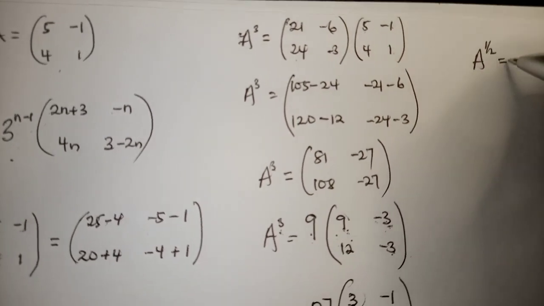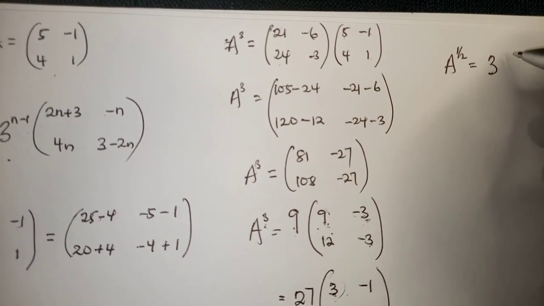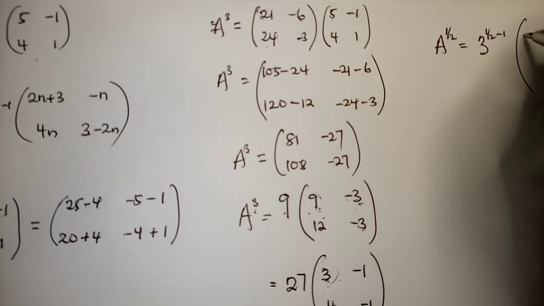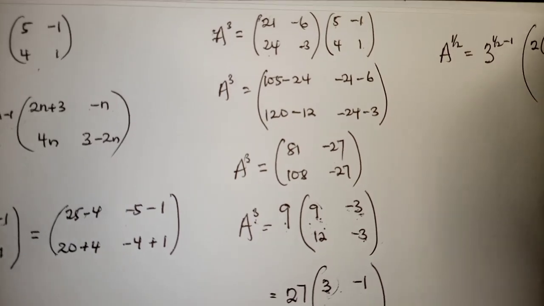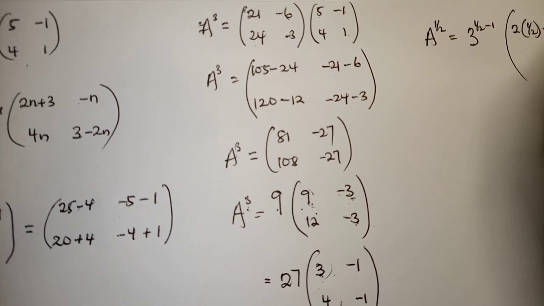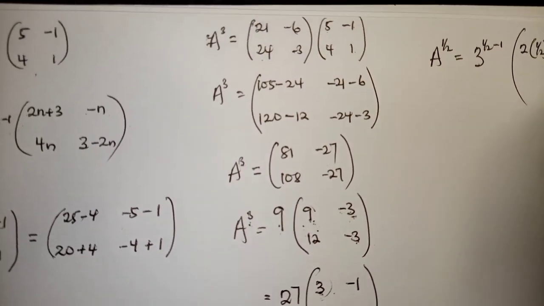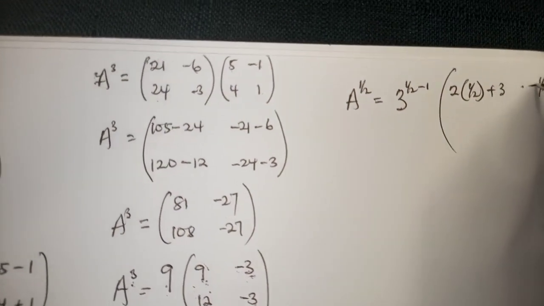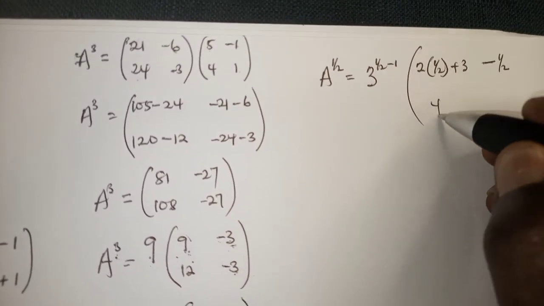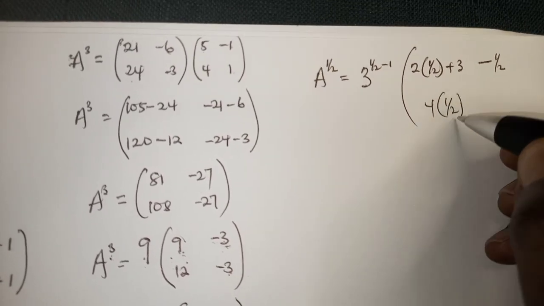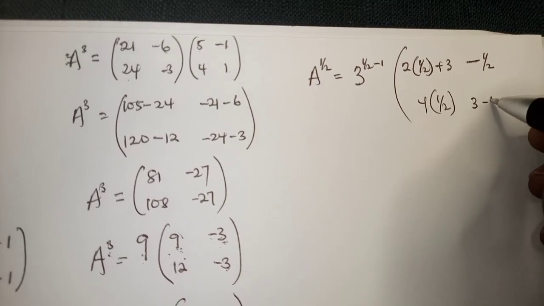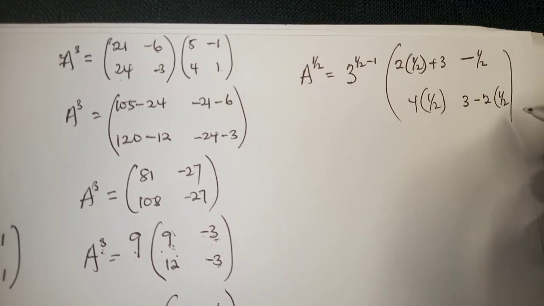So you have A exponent half equals 3 exponent half minus 1, bracket open 2 times half plus 3, then another entry minus half, then you have 4 times half, 3 minus 2 times half, then we close.